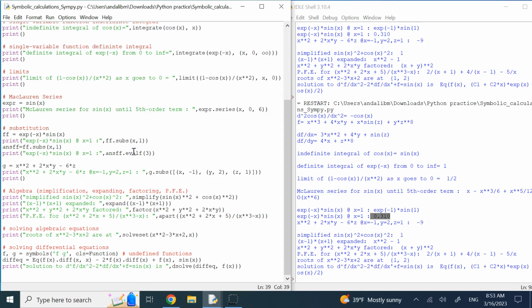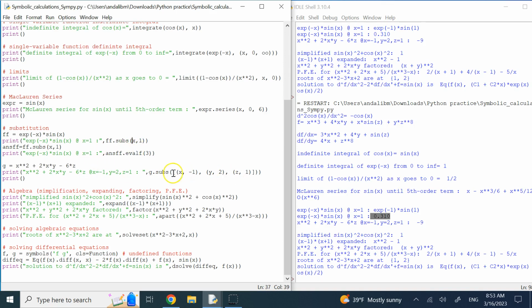What else do I have? So you can plug in several values at the same time. So here is a function with 3 variables. And here I'm going to plug in x of negative 1, y of 2, and z of 1 all in the function. And I can do that. So subs does not need to do one parameter at a time.